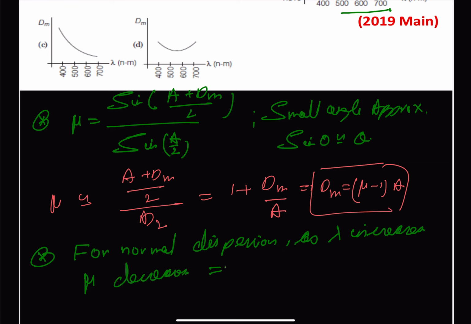Or we can also write that d mu by d lambda is less than 0. Let us call this equation number 1.